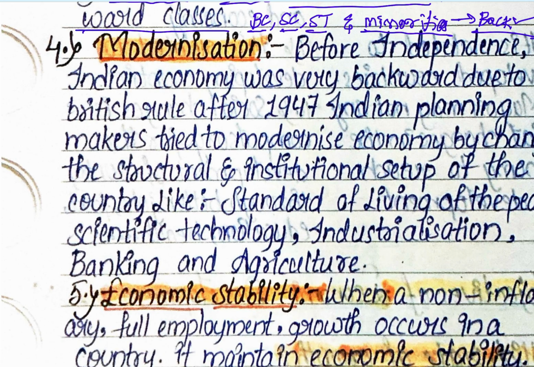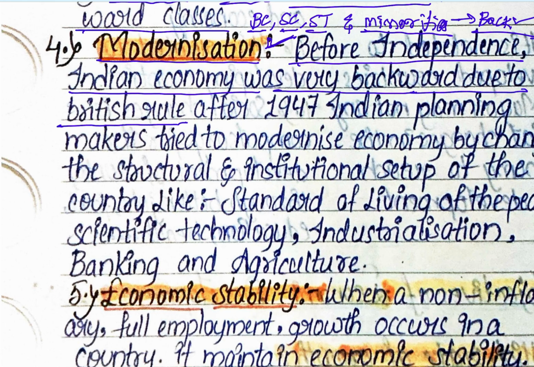Nowadays modernization is one of the important objectives of economic development, because without changing our attitude and our technology, we can't change the development of the country. So the modernization process is also one of the important ones. Before independence, the Indian economy was very bad, very backward due to British rule.